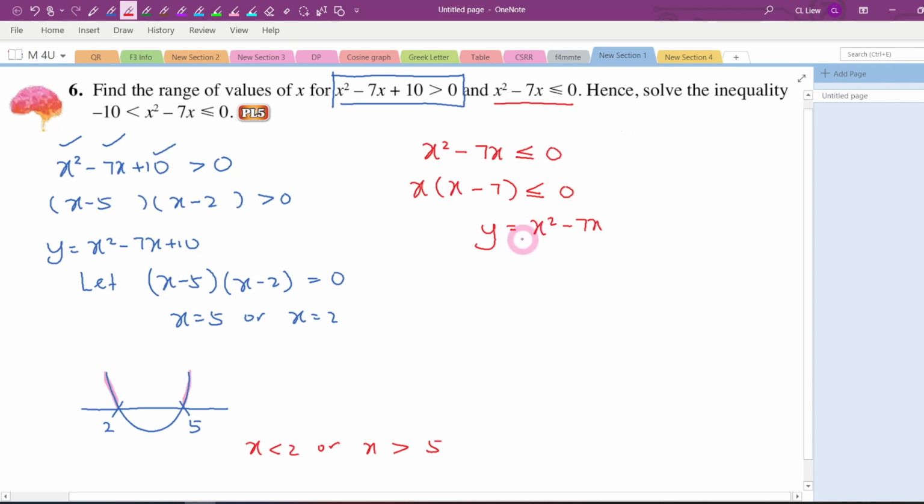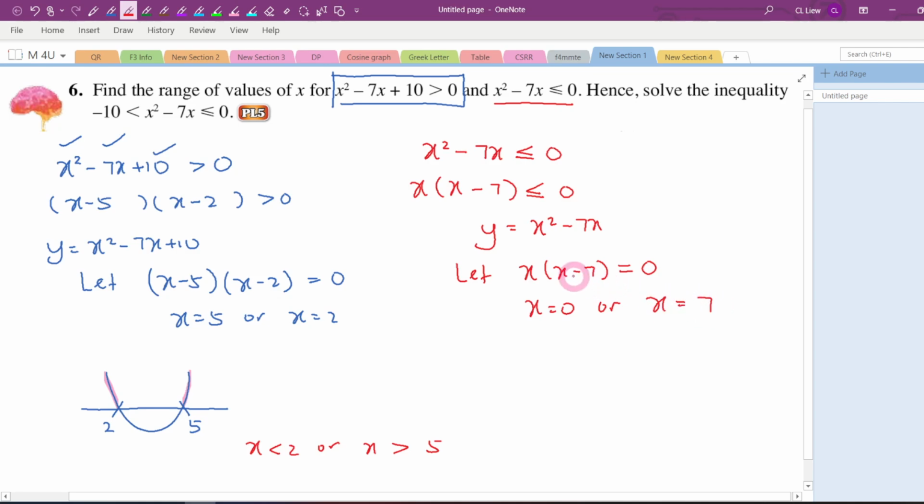Same thing as I told just now, to sketch this graph we need to know the x-intercept. So let this whole thing equal to 0, so x is equal to 0 or x is equal to 7.